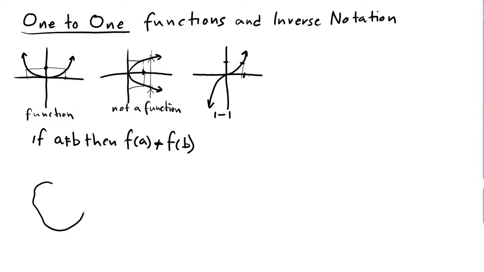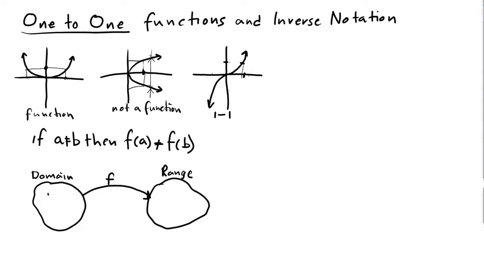I have a blob over here, and another blob over here, and a way of getting from the first blob to the second blob. I'm going to call my pathway f. That's my function, which would make this blob the domain of f, and this blob the range of f.